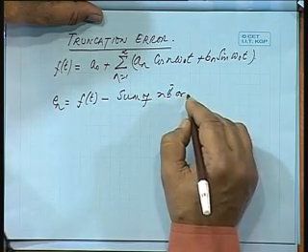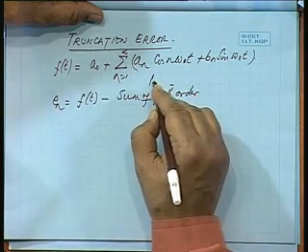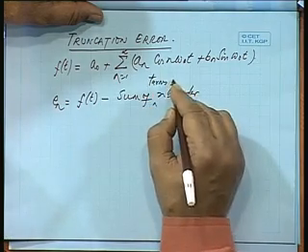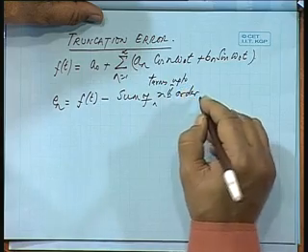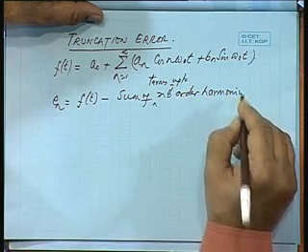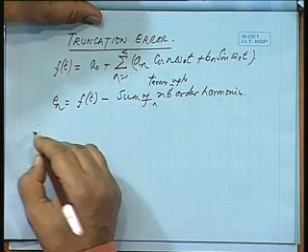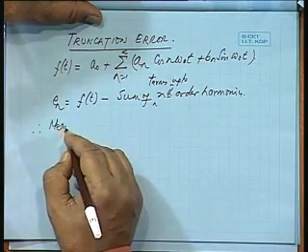representation. So, E n will be f t minus the sum of terms up to nth order harmonic.